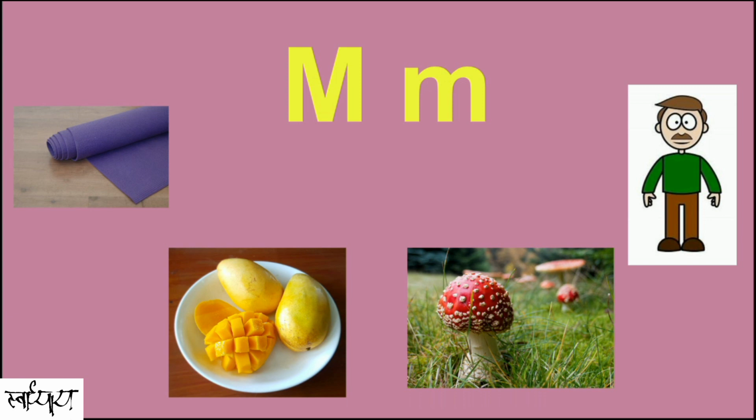You should not teach as M for mat, M for mango, M for mushroom. Teaching in this way will help your child recognize the starting sound of any random word.